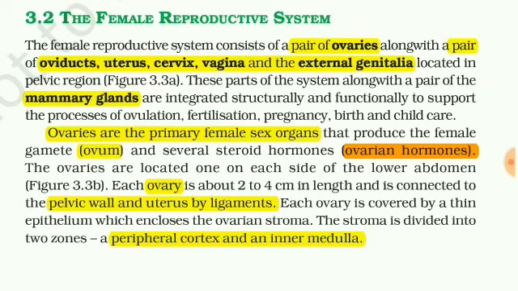The peripheral region, meaning the outer side of the ovary, is known as the cortex, and the inner side of the ovary is known as the medulla. Normally cortex and medulla are the two regions present in the ovary.